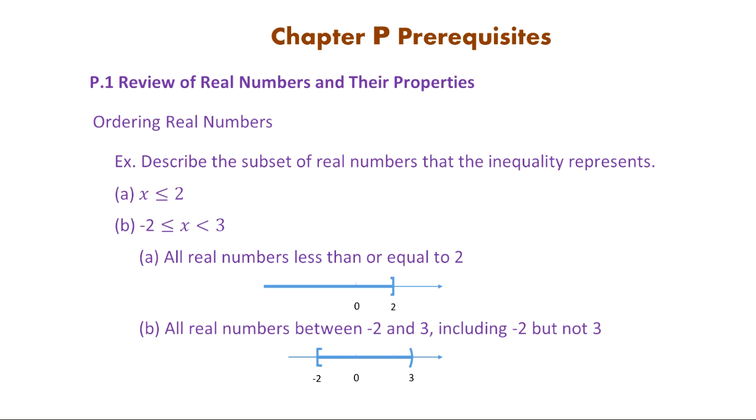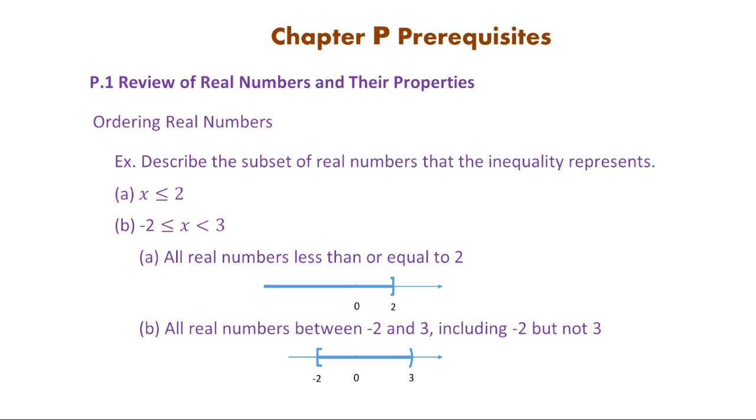You can see the horizontal line, that's the x axis, pointing to the right, and we mark 0 at the origin on the number line, and 2 on the right. All real numbers less than or equal to 2 are on the left side of 2.